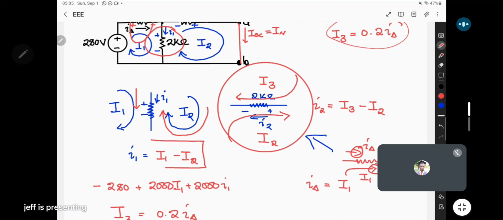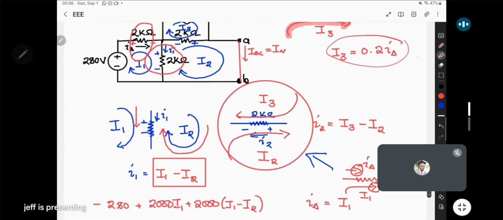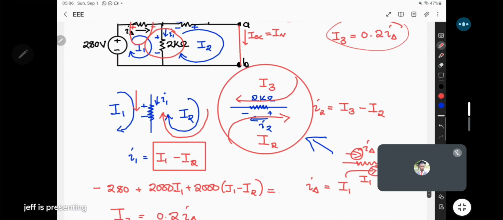Branch current is equal to this. So instead of writing branch current I1, I will put I1 minus I2. So I'm basically representing the branch current in terms of the mesh current. And that is the last one because we passed through this, passed through this, passed through this. We are back here. So we are done looping there. So this is what will be equal to 0.